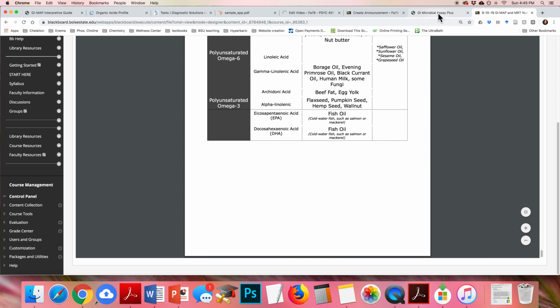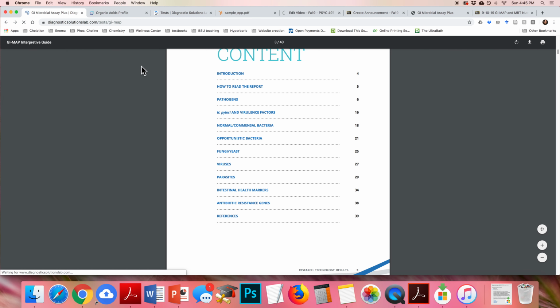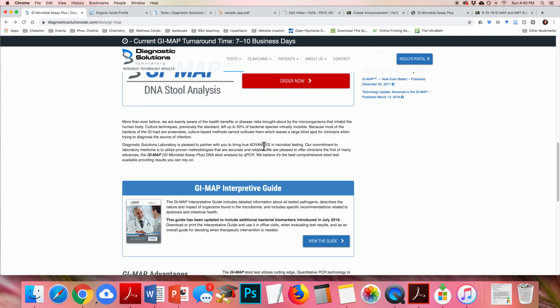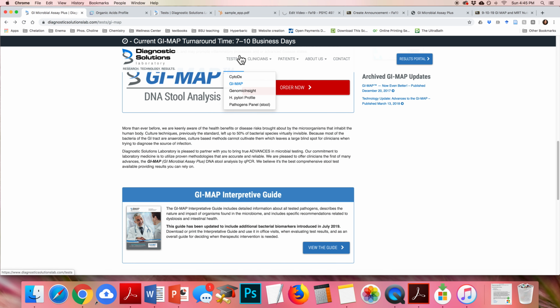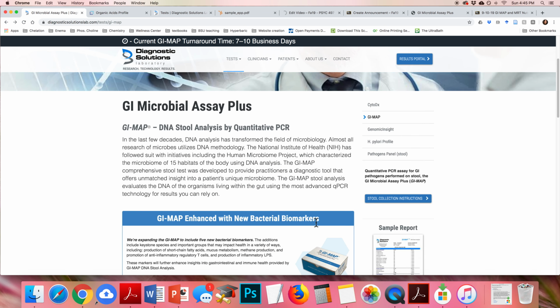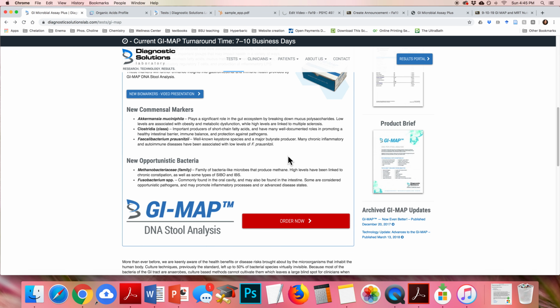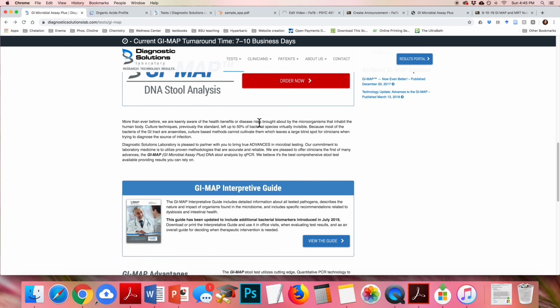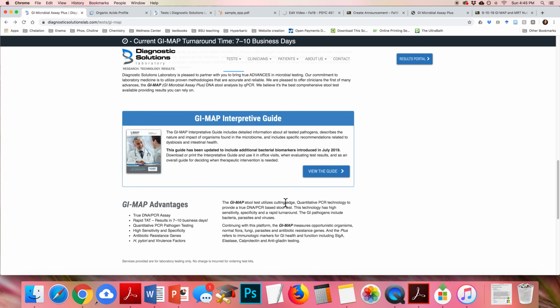If we go back here, what you can see is that there are various panels, but the GI map, the microbial assay, is the one that I would recommend. Once you get to here, you can view the guide, the one that I had previously pulled up, by clicking view here.